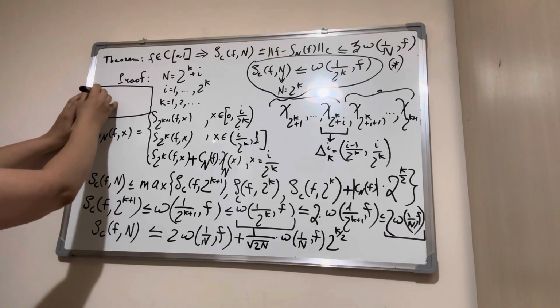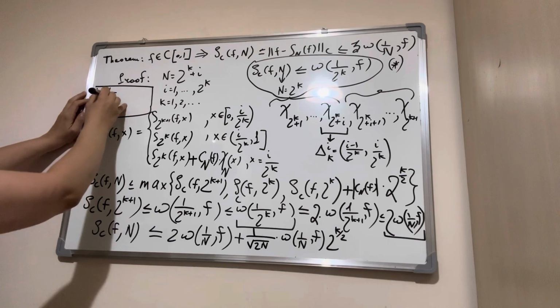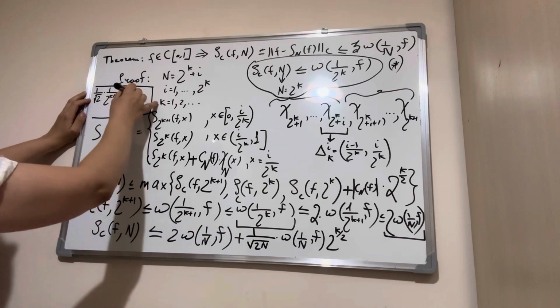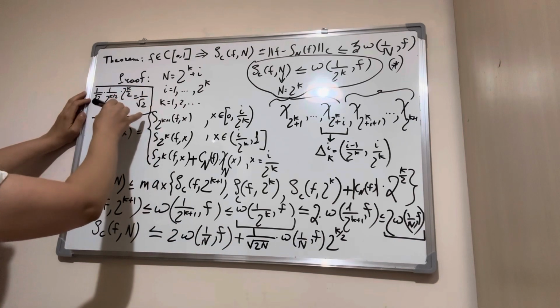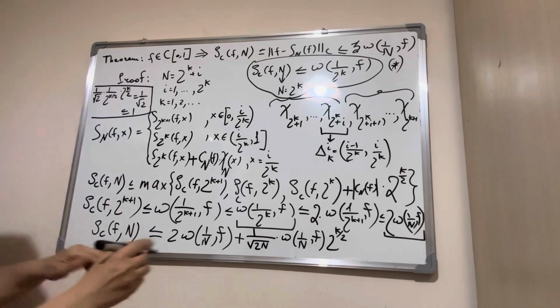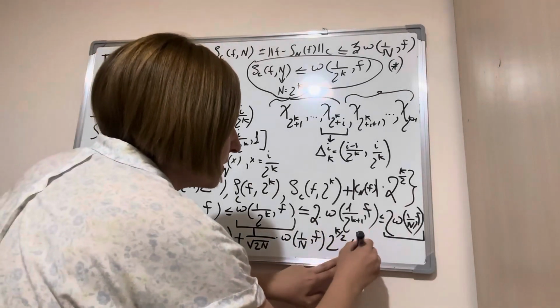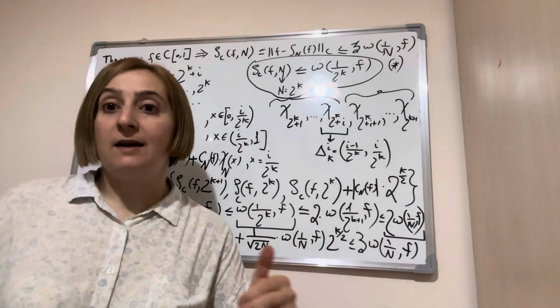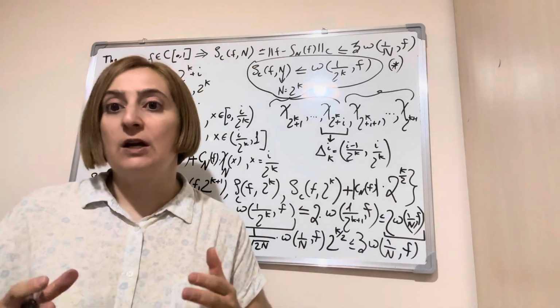So 1 over square root of 2 times 2^k, times 2^{k/2}, is 1 over square root of 2, and this is less than or equal to 1. Therefore, this is less than or equal to 3 times omega(1 over n, f). And now we have that this theorem holds also for the general case.